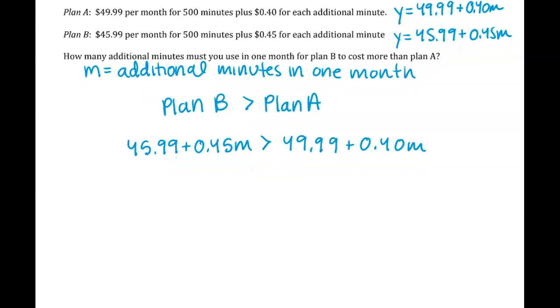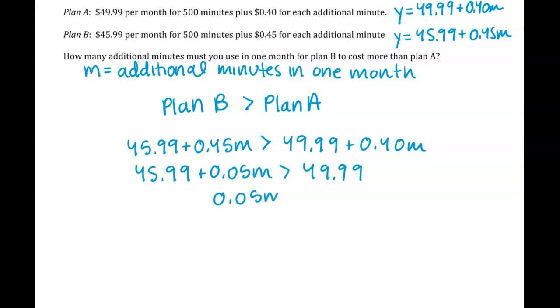If we subtract 0.40 M from both sides, we have $45.99 plus 0.05 M is greater than $49.99. Subtract $45.99 from both sides, I have 0.05 M is greater than 4. If I divide by 0.05, it's the same as multiplying by 20, because 0.05 is 1/20th. Either way, we get M is greater than 80.